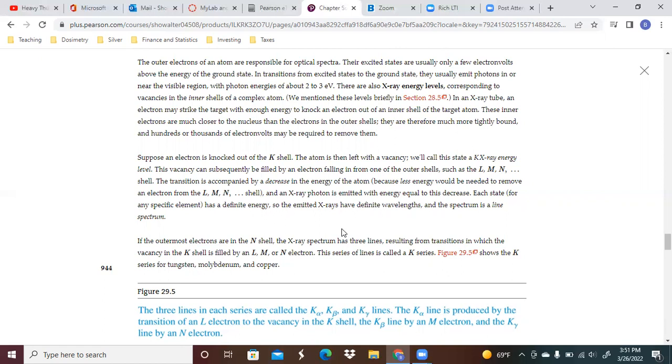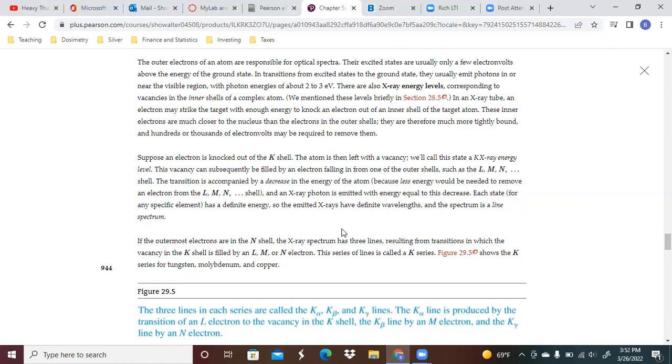So suppose an electron is knocked out of the K shell. The atom is then left with a vacancy, and we'll call this state a K X-ray energy level. This vacancy can be subsequently filled by an electron falling in from one of the outer shells.